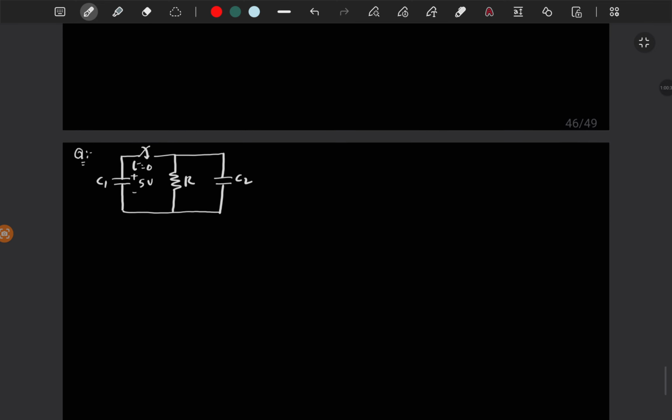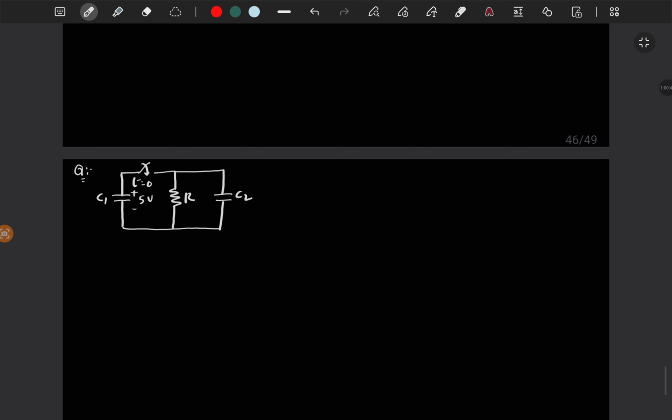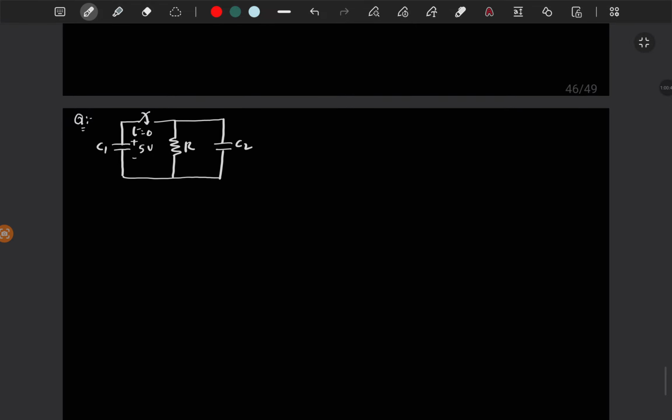So this is about this circuit. We'll quickly solve the next circuit. The circuit is given and you have two capacitors, and for t greater than 0 you will get this circuit, right?